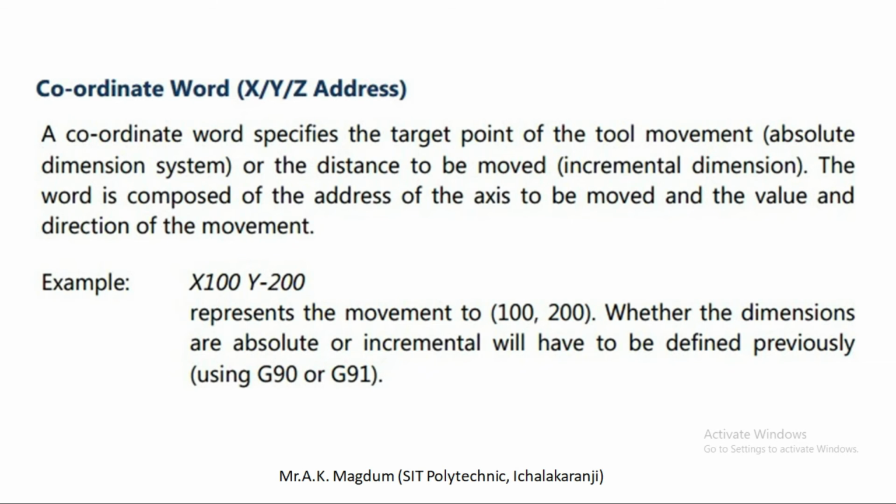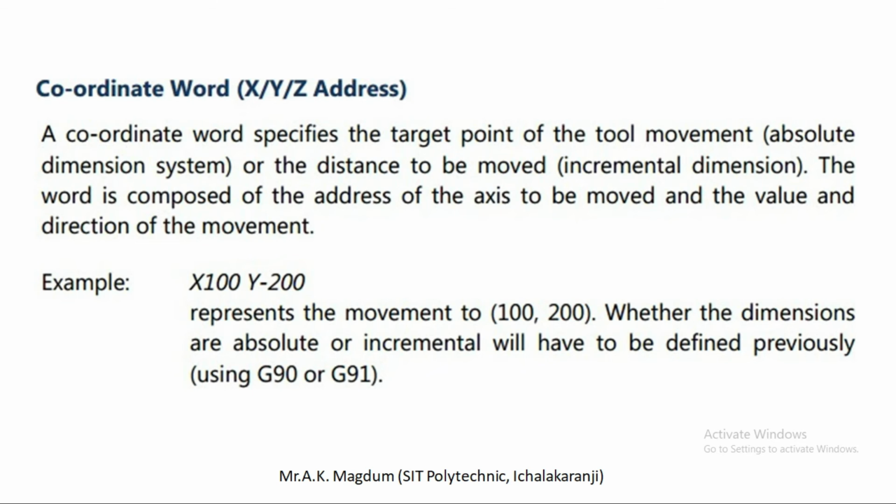If you use G90, what does it mean? You want to follow the absolute coordinate system. In some programs, if you use G91, what is the meaning of G91? You want to follow the incremental coordinate system or dimensioning method in that program.